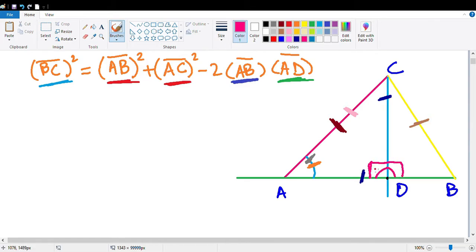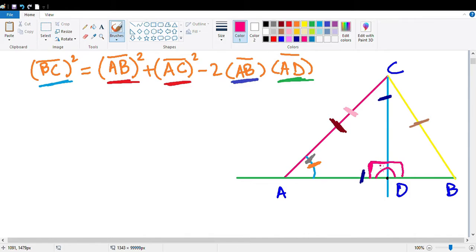These angles are 90-degree angles. And what does that mean? We had an acute angle, and because we drew the perpendicular from a point, it forms a 90-degree angle with the side. From point C, when it intersected line segment AB, it made a 90-degree angle, which is this angle right here.